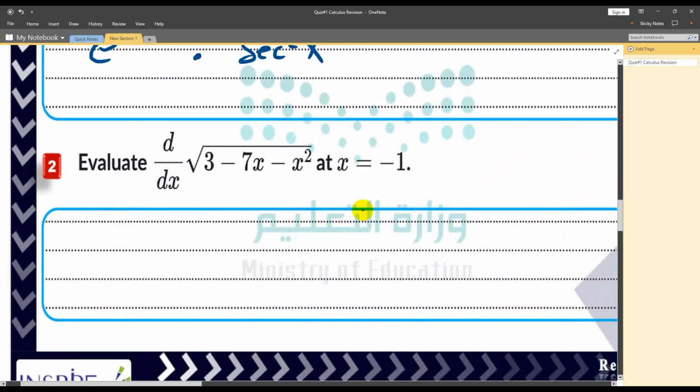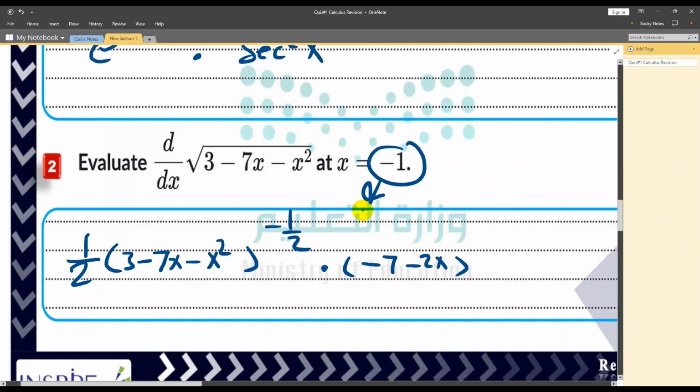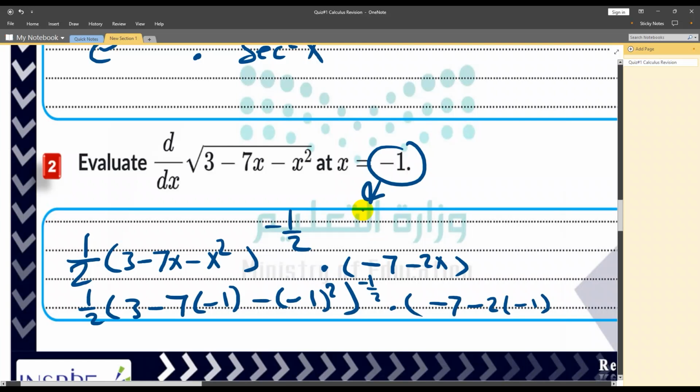We have a square root, so we can make it power half, so it will be half. This is the derivative of the square root of x, okay, but we will leave 3 minus 7x minus x squared the same, and don't forget to multiply with the derivative of what's inside, which is -7 minus 2x, and then we'll plug in -1. Okay, so it will be half, 3 minus 7 times -1 minus -1 squared, to the negative half, times -7 minus 2 times -1. This is what you're going to write on your calculator.